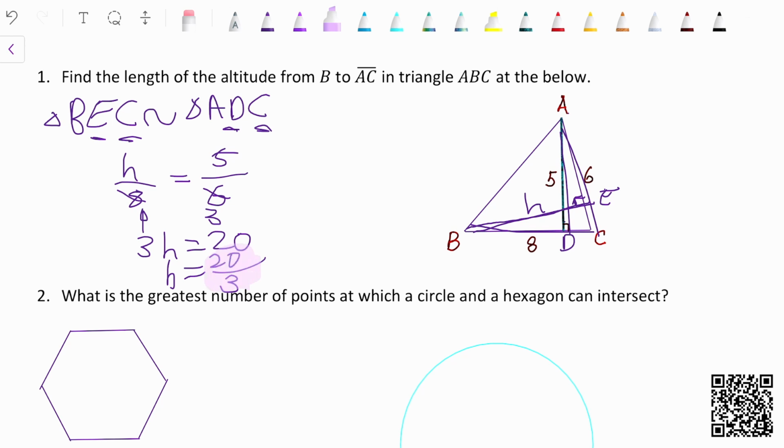And this is one way that you can do this, but the other way that you can do this, which is slightly more conventional, is by using area.